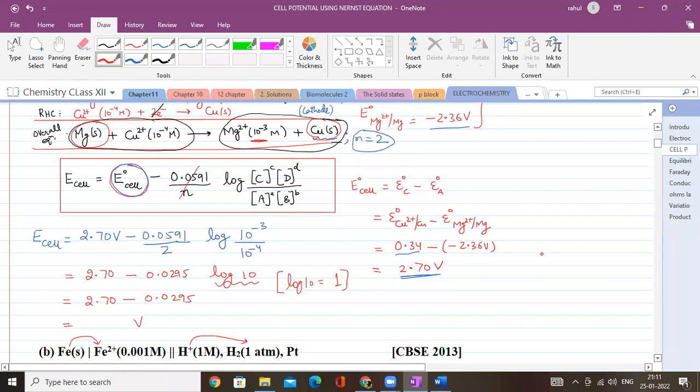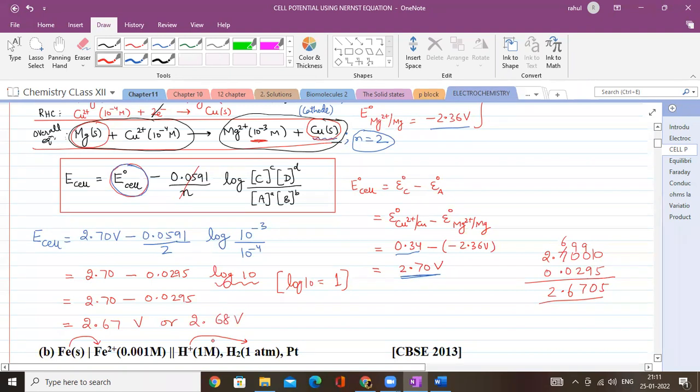So if I solve, 2.7000 minus 0.0295, that comes to 2.67. You can even write 2.67 volt or you can write 2.68 volt, one and the same thing.